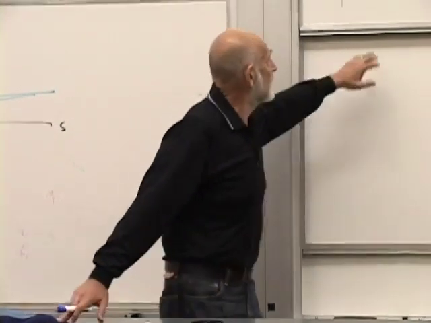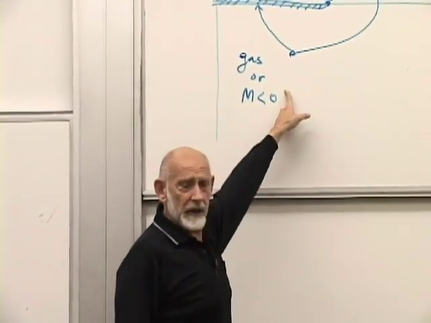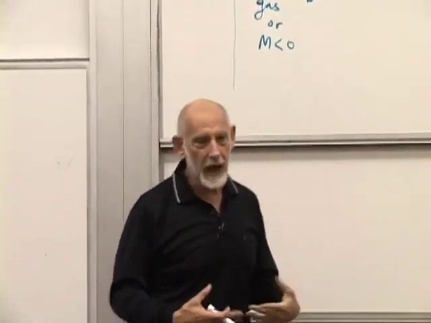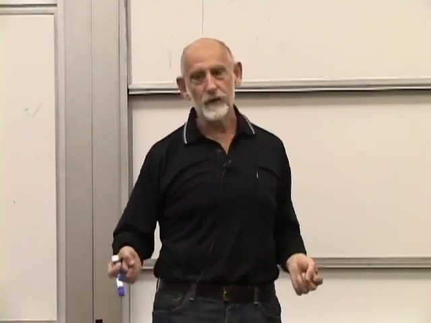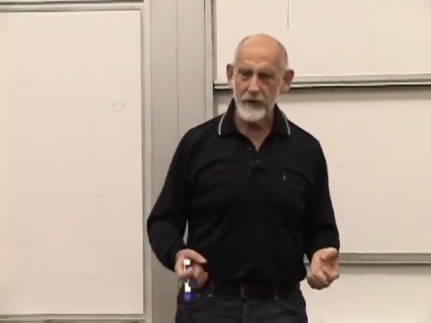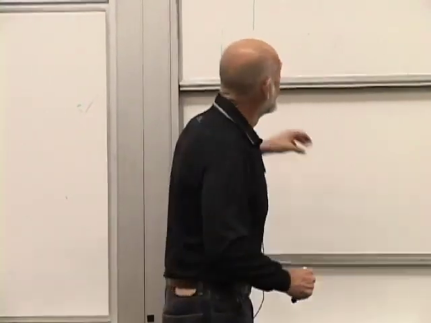You start down here, and it's mostly gas, but there are little droplets. Little droplets are part of the gaseous phase. If you look at it through a microscope, you'll find little droplets in it. But the little droplets come and go. They form and they evaporate.